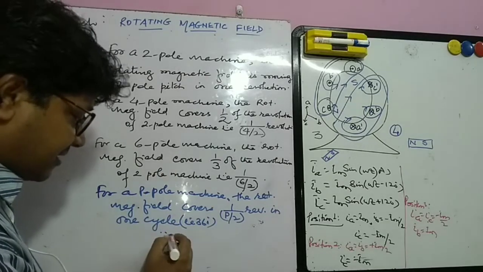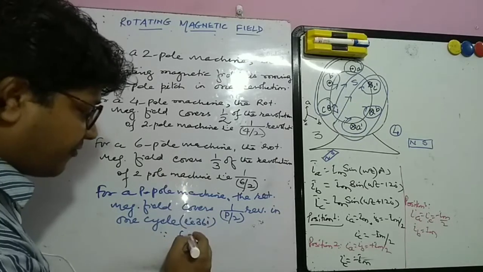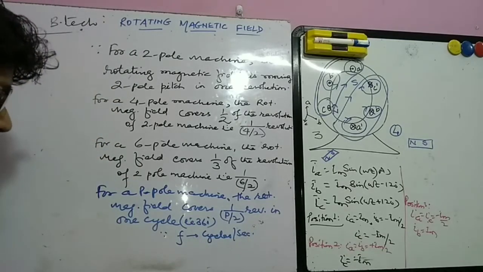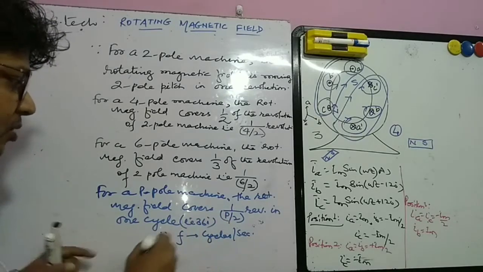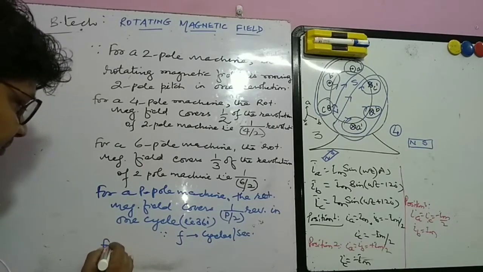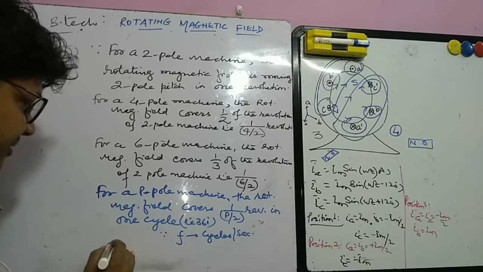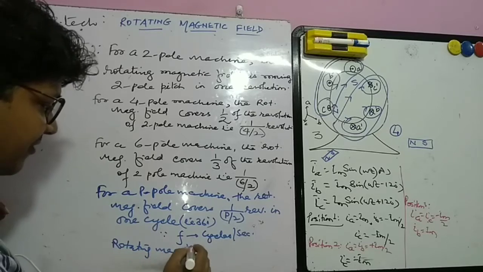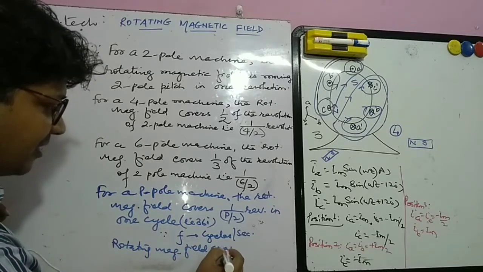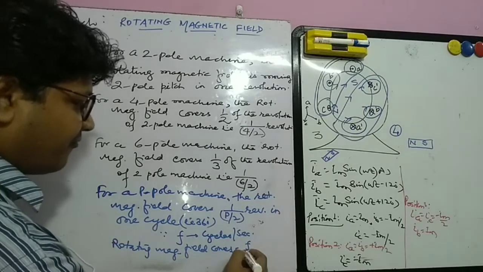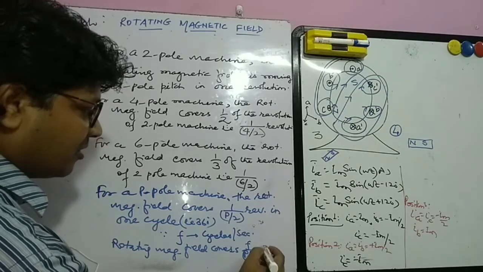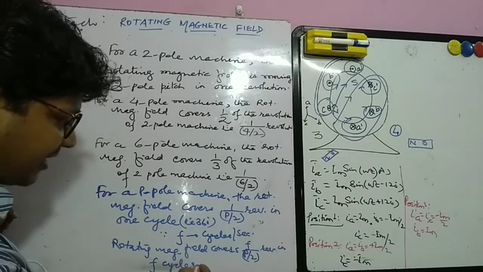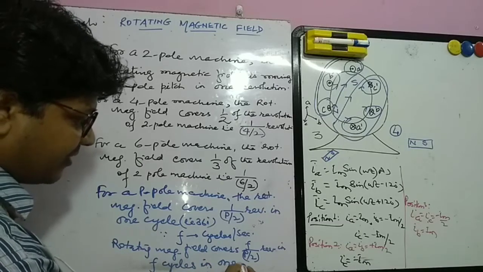We know that f is the frequency, cycles per second, this is the unit. So for one cycle it is 1/(p/2), and the rotating magnetic field covers f/(p/2) revolution in f cycles in 1 second.